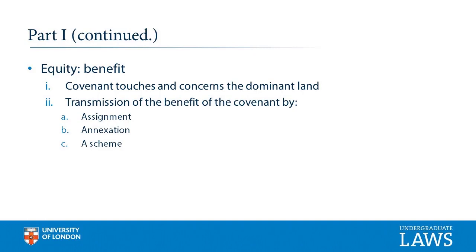The third method of annexation is statutory annexation. By virtue of Section 78 of the Law of Property Act 1925, the benefit of a covenant will be statutorily annexed to the dominant land if three conditions are satisfied, and these conditions were set out in Crest Nicholson Residential (South) Limited against McAllister.